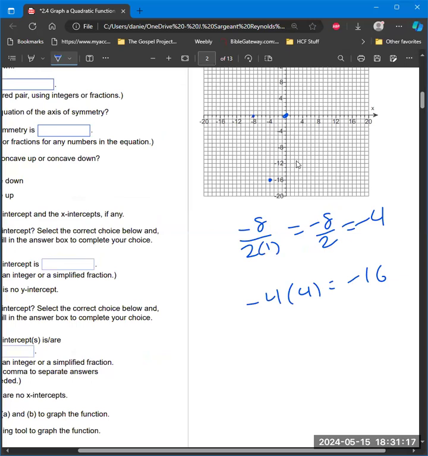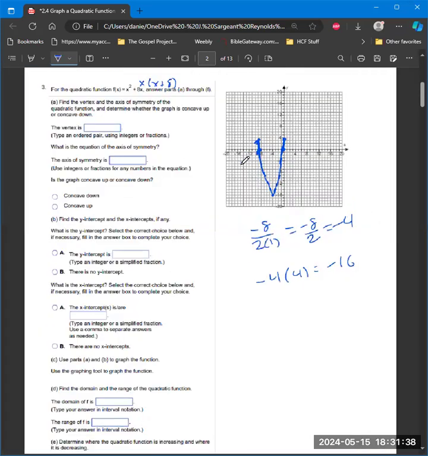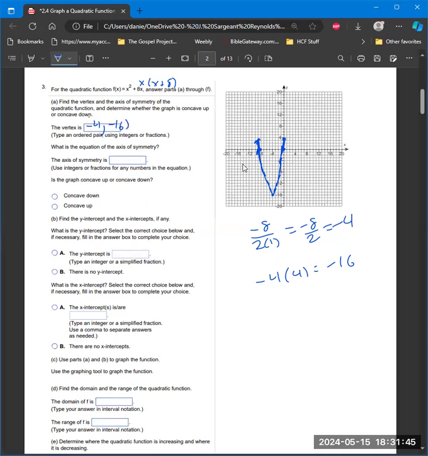That's there. So my graph is going to open up like this, and like this. It's going to go through (0, 0), and the vertex is at (-4, -16).